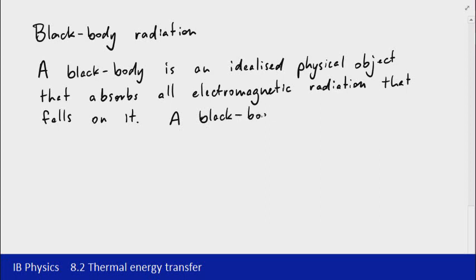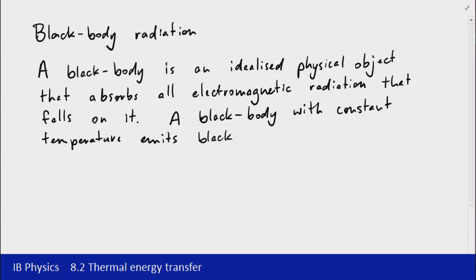Now if we look at a black body with constant temperature, it's going to also then emit radiation. So that's what we refer to by black body radiation. It absorbs all of the radiation that falls on it, and then it re-emits that radiation, but it's not necessarily going to be in the same spectrum that it was absorbed in.